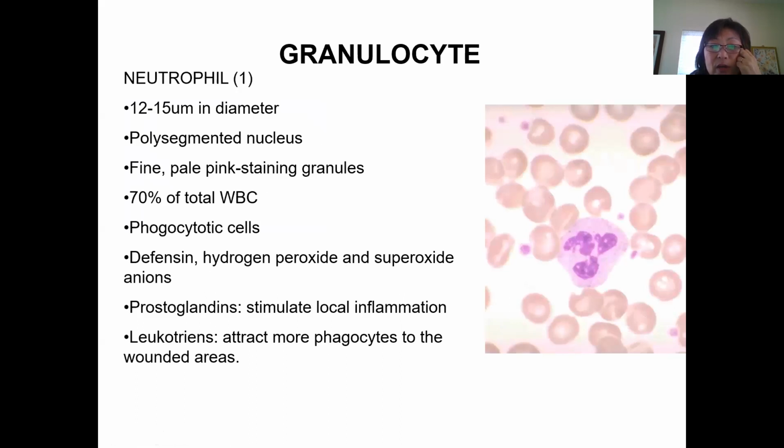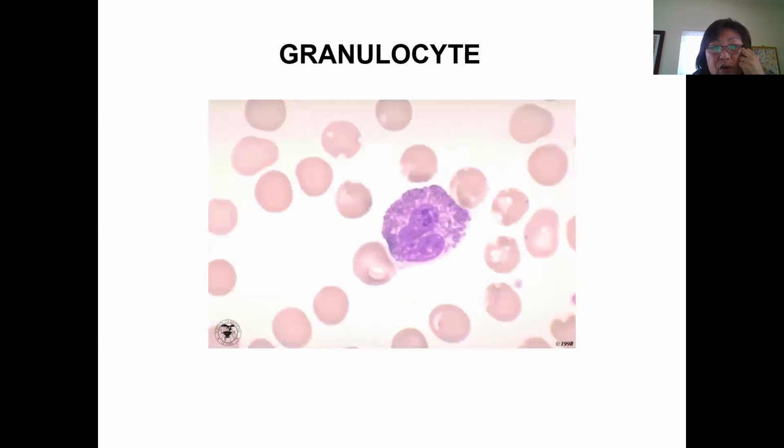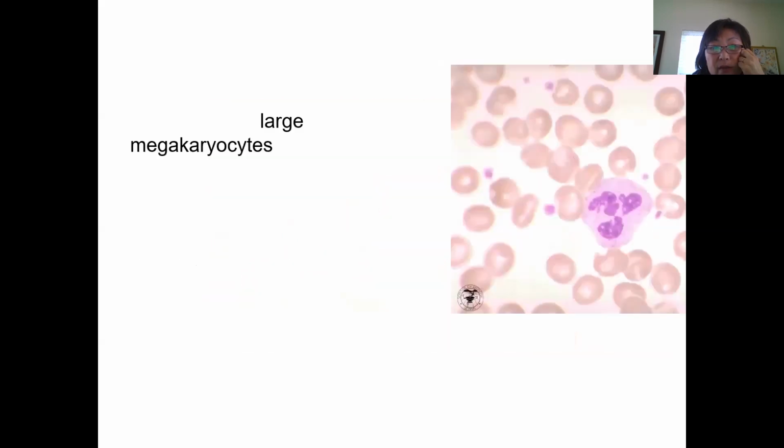And also, please study the histology pictures from your book. Be able to recognize each type of WBC. I'm going to skip this part of the lecture because this is really straightforward. You just need to read and work on the chart, okay? All right.